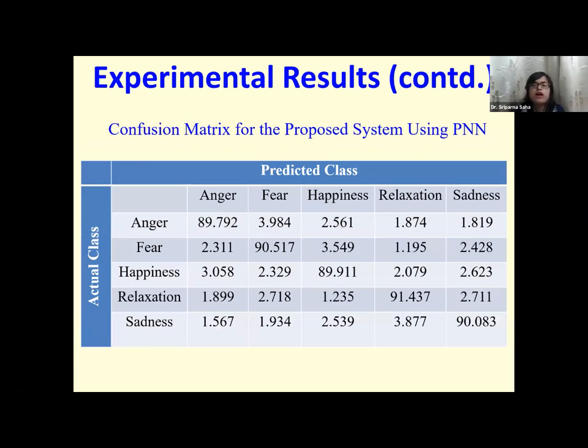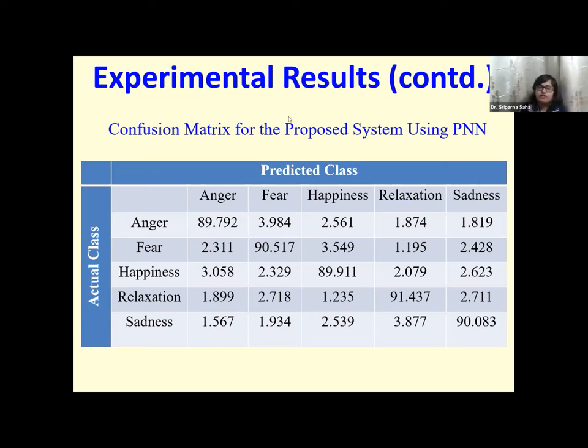Now, as it's a classification problem, for any type of classification you can have a confusion matrix. The confusion matrix is going to give a tabular form of the actual class and the predicted class. That is, what's the actual class and what is the predicted class.